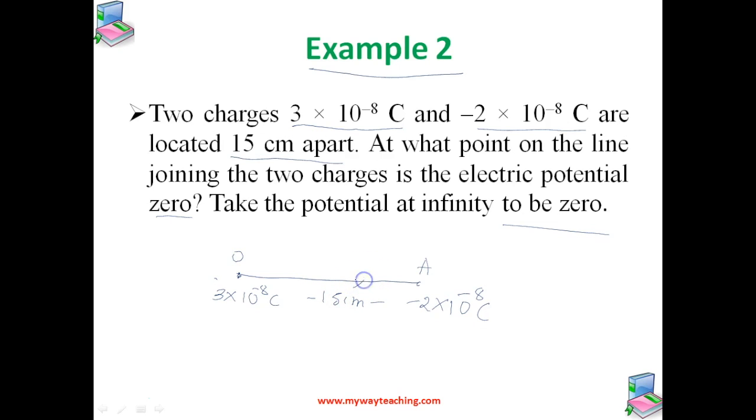And let us consider a point P here. And this P be the required point on the x-axis where the potential is 0. If x is the x coordinate of P, obviously x must be positive.